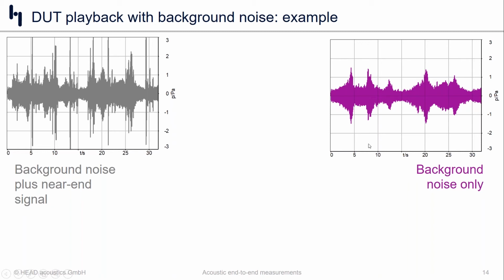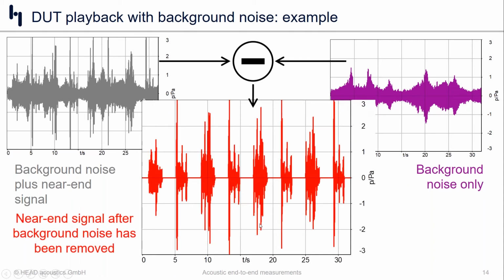If we repeat the measurement, this time the device is off or muted or not functional, and we just measure the background noise shown in purple in the top right, if we have our synchronization done correctly, we can do our time domain subtraction, and what we end up seeing is the near-end signal without the background noise. And you can see clearly in between the pauses of the utterances, background noise has been removed. There is no trace of background noise.